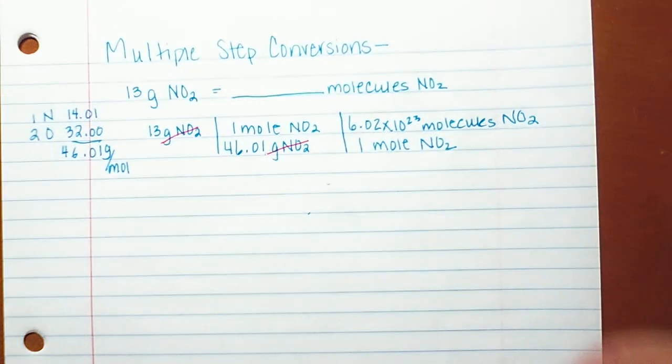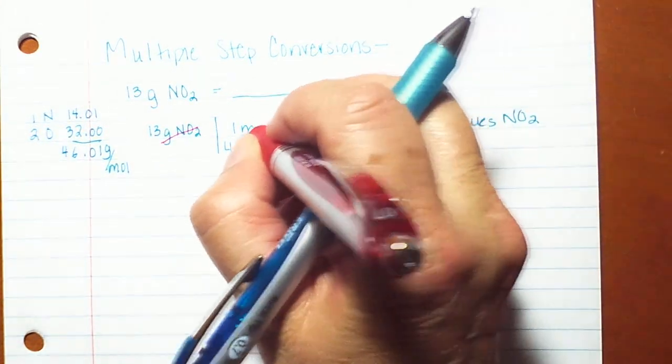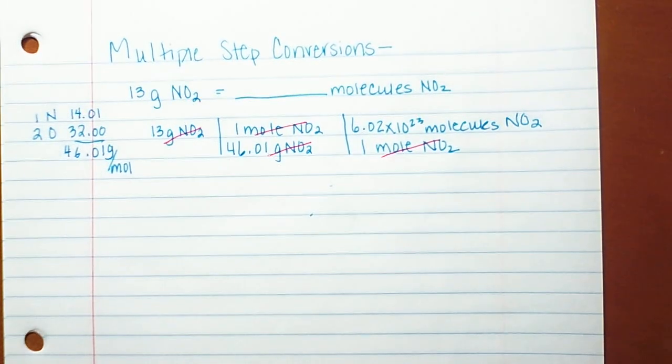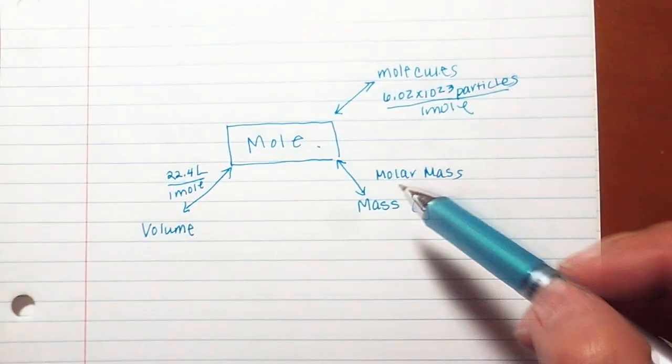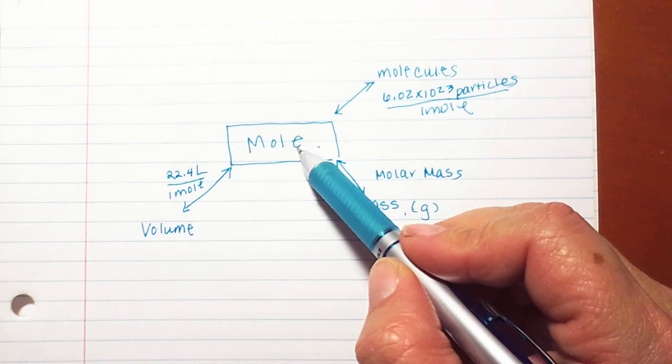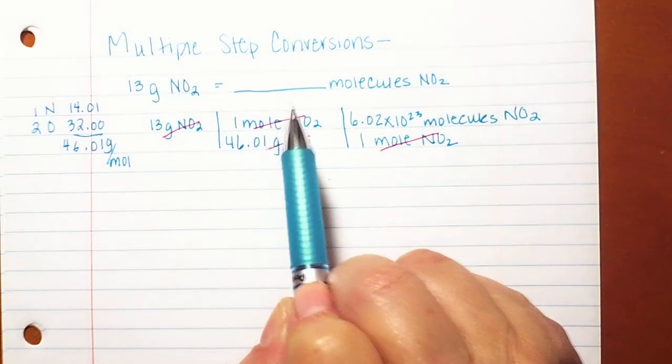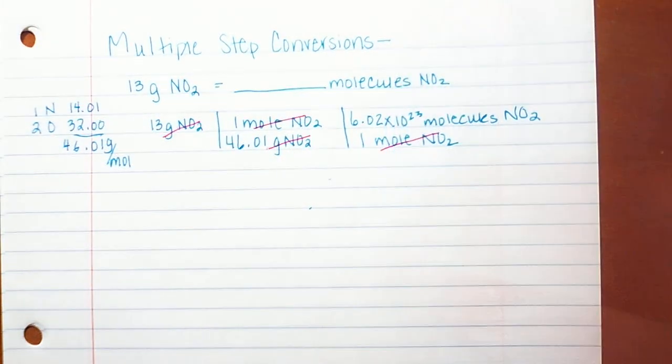So now I can cancel out moles of NO2, and I'm left with just molecules. So according to my mole tool, I went from mass to moles, and then from moles to molecules.